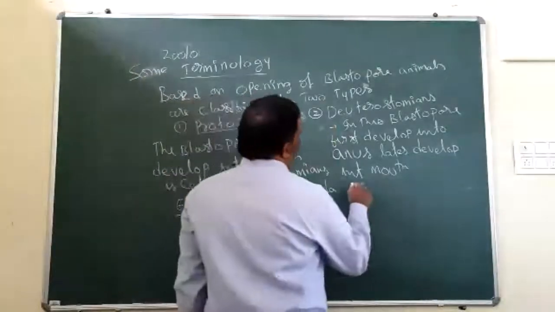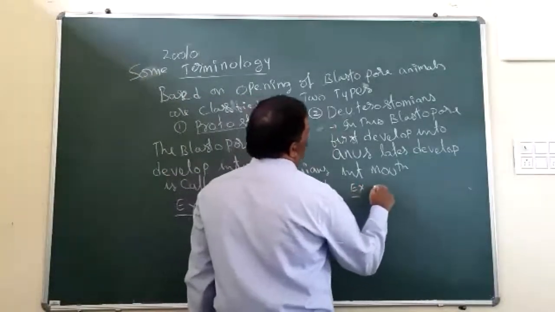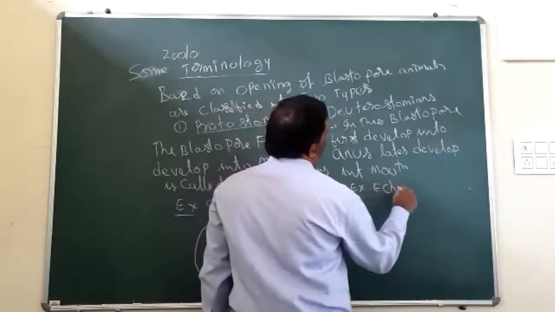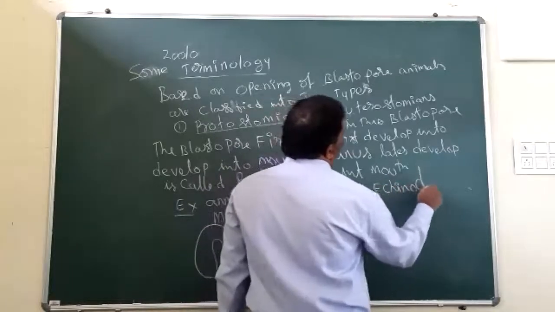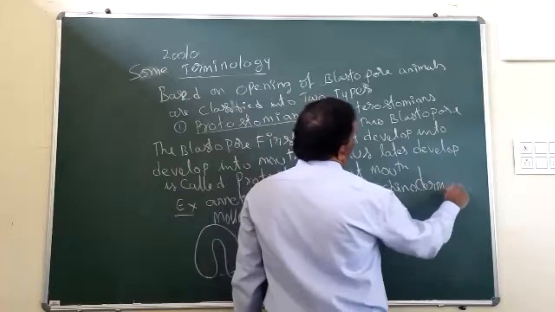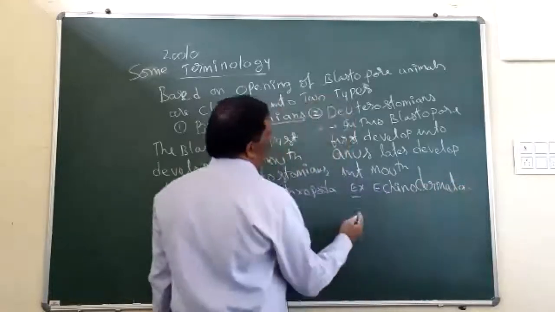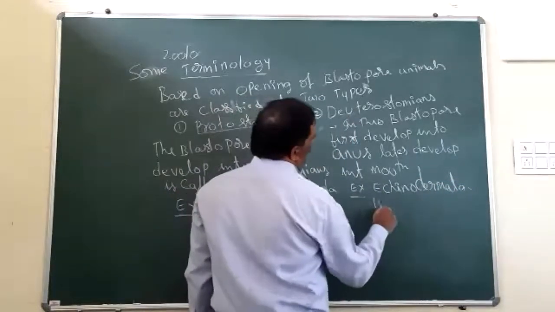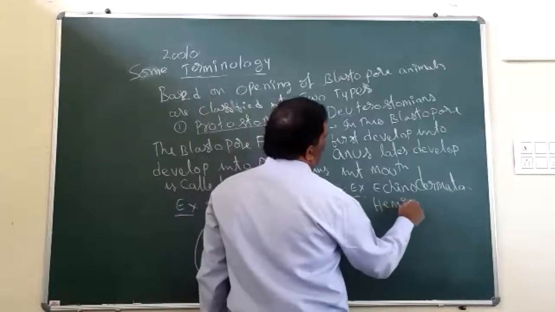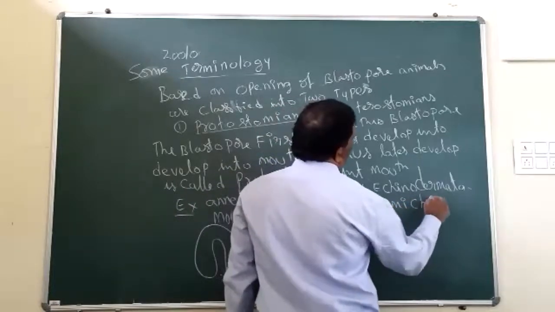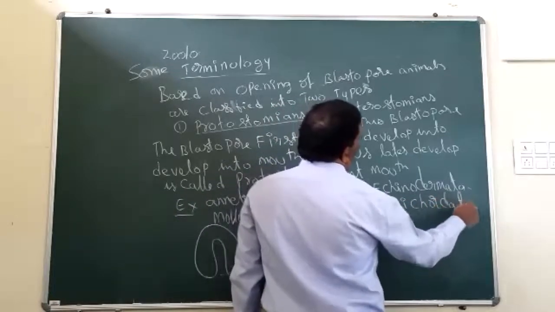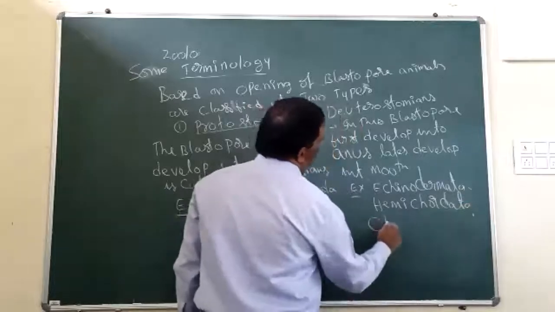Examples are Echinodermata, Hemichordata, and Chordata.